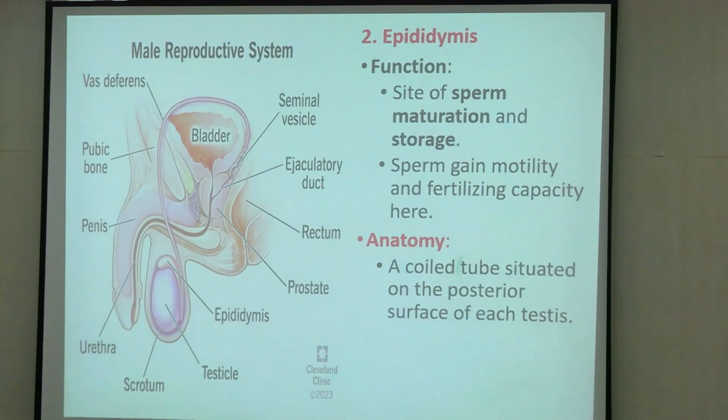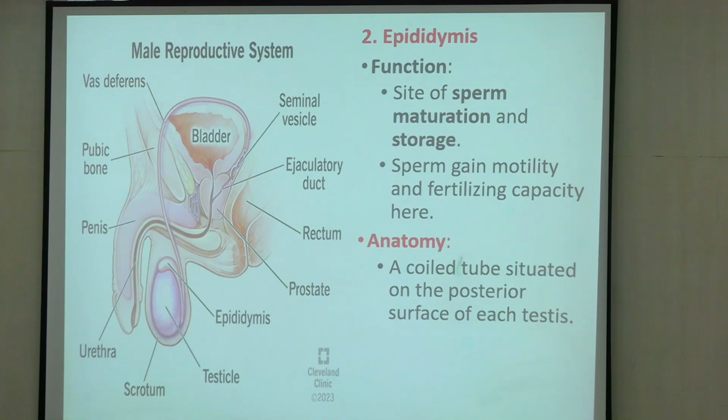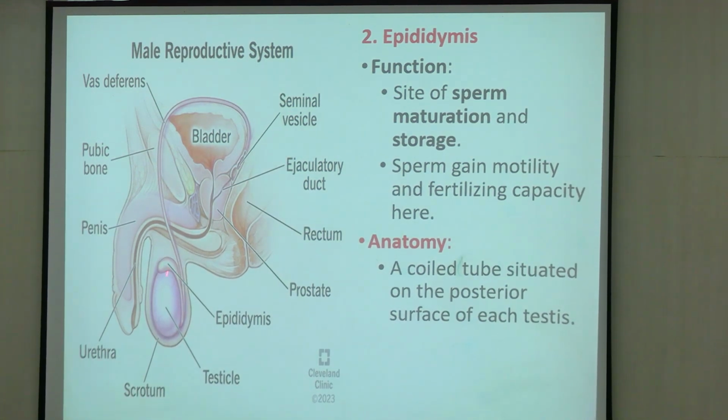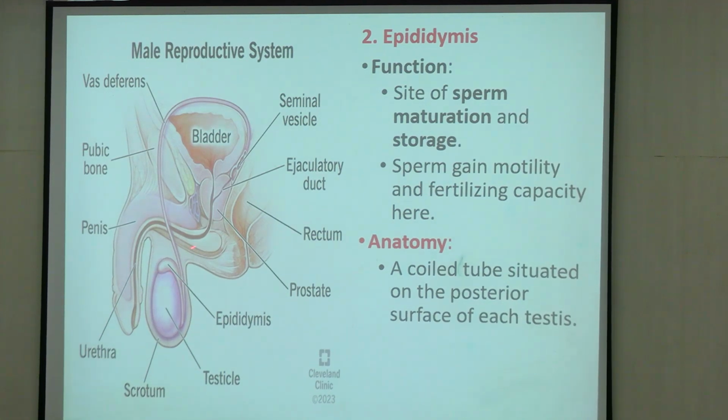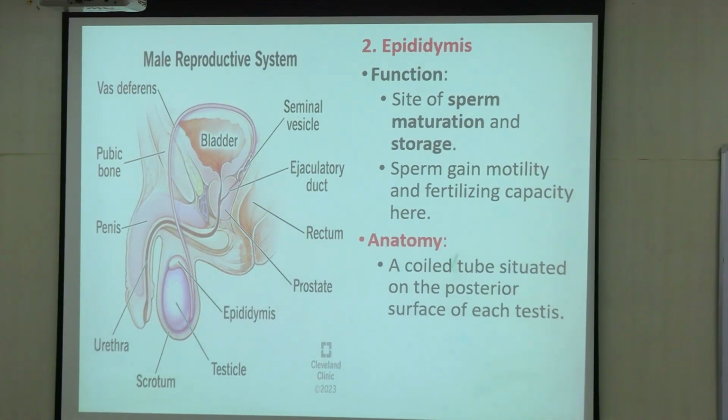Now the second part, which is also called an external part, is the epididymis. What is the location of the epididymis? You can see this is the epididymis, and it is located on the posterior surface of the testis. What is its most important function?